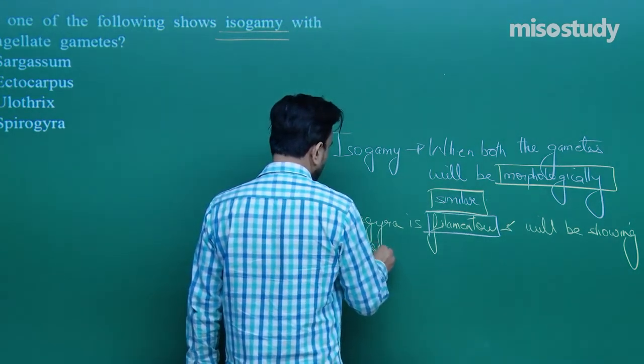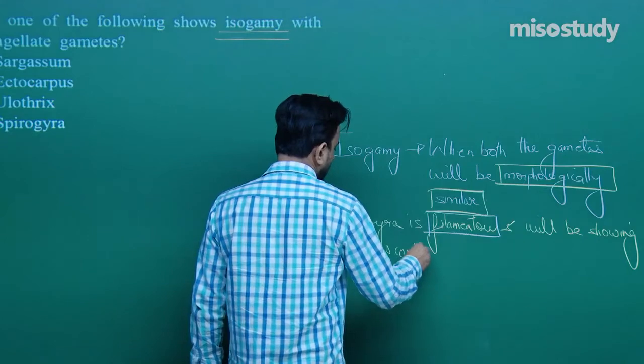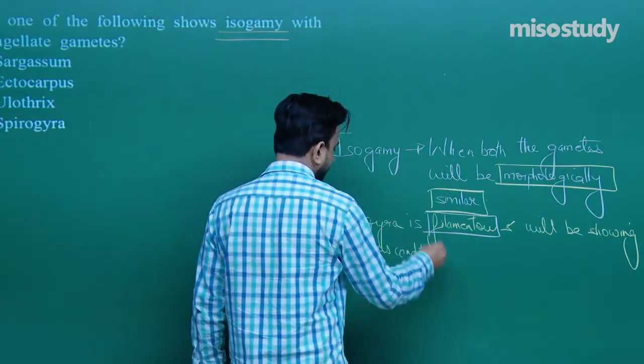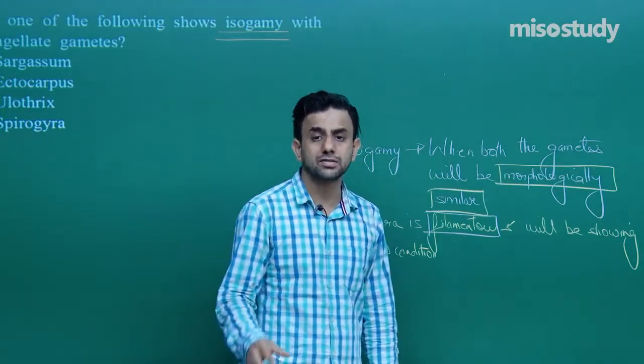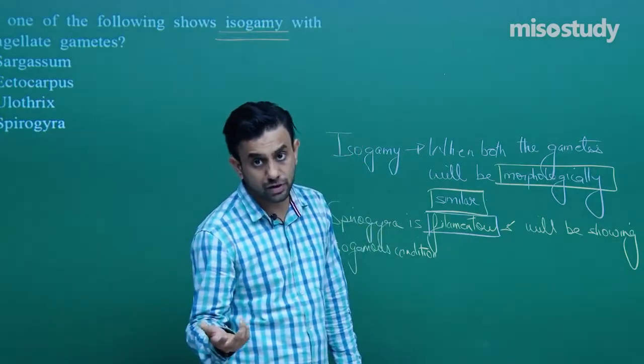It shows both the sexual as well as the asexual, that is vegetative, means of reproduction.